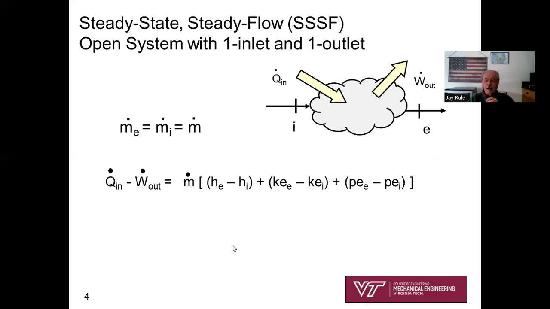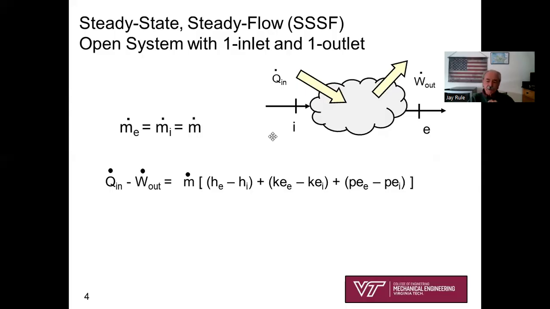So instead of a cloud, it might have something like a turbine or a compressor or a pump, or a nozzle. And in my sketch, for talking here, I've labeled my outlet state E and my inlet state I. So instead of 1 and 2, it helps me keep straight about I and E, in and exit, instead of 1 and 2.